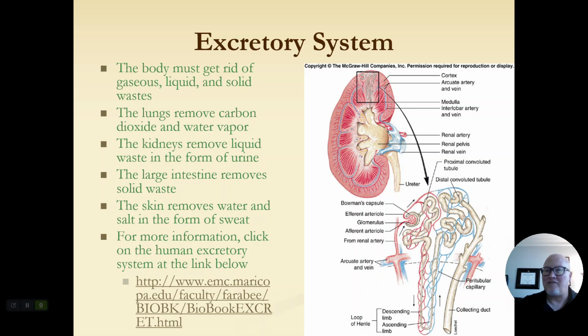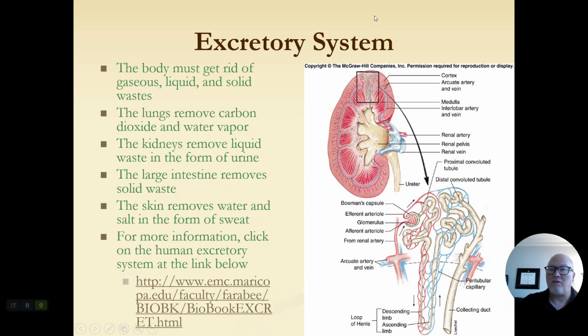So we can think about the functional units of the kidneys, which are called nephrons. Whenever you hear nephron, or renal organ, those are words that you may hear that refer to the kidneys. So we hear renal, that's referring to kidneys. When we hear nephron, we're talking about the kidneys.